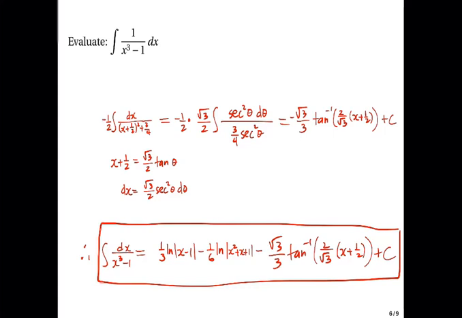Sine x over 2, that's opposite over the hypotenuse. Correct? And therefore, what? The sine squared x over 2 becomes t squared divided by 1 plus t squared. Correct? Opposite over the hypotenuse squared.